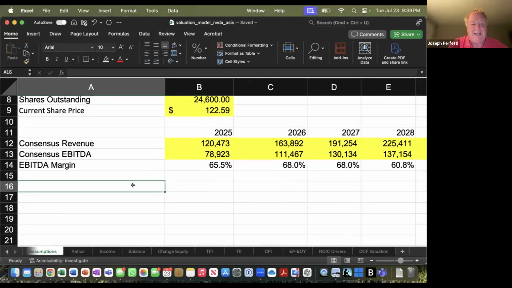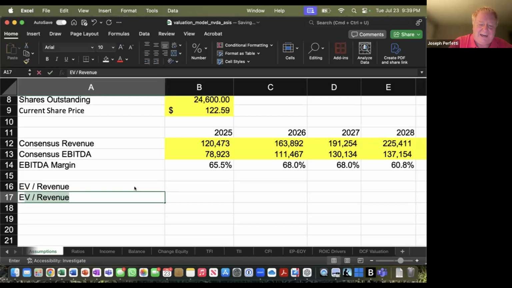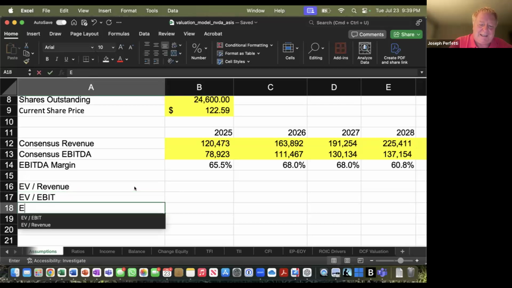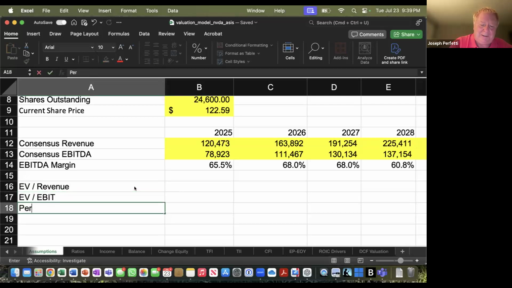But if we take our enterprise value to revenue multiple, and we divide that by the enterprise value to EBIT multiple, we get a perpetuity EBIT margin.